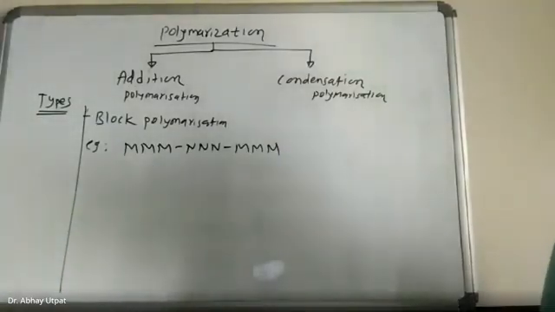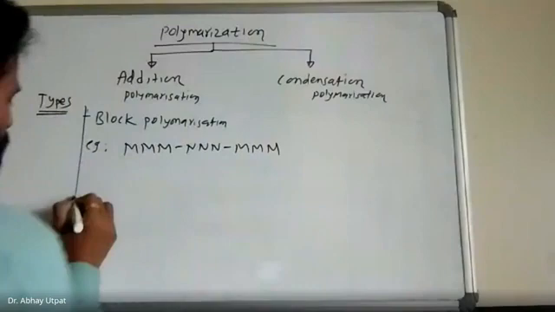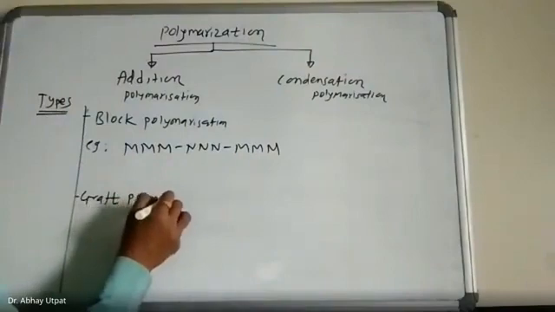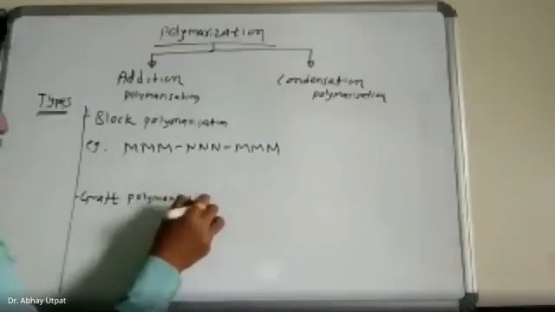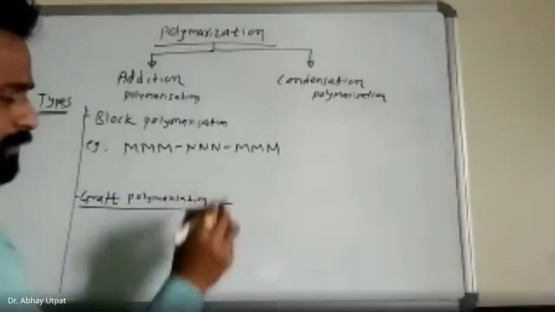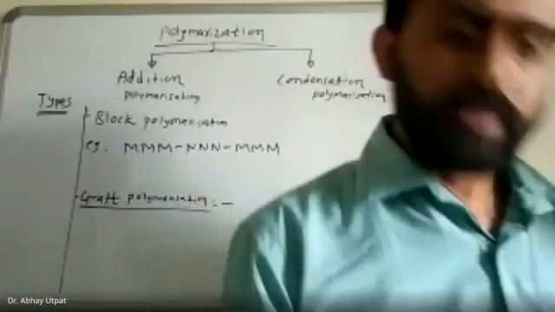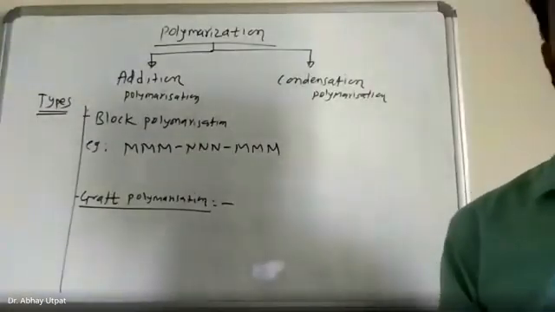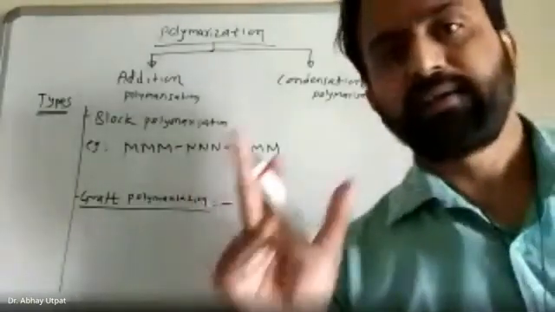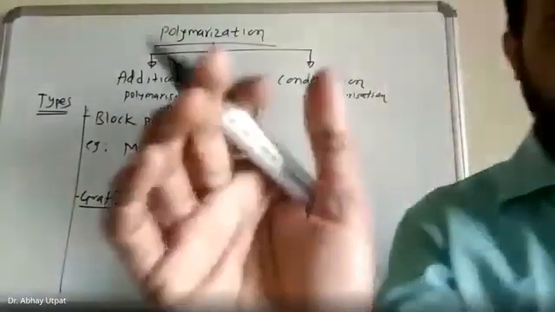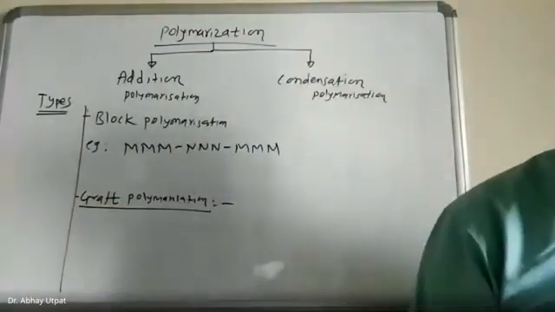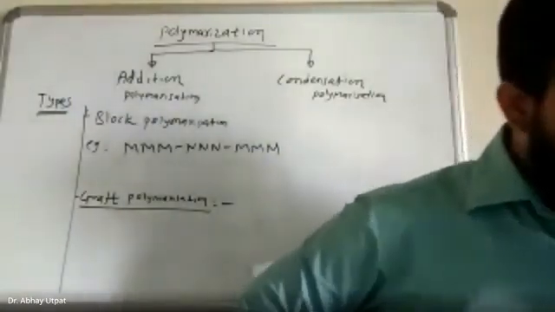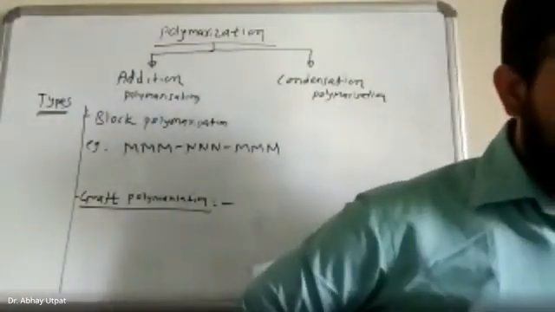Fourth, graft polymerization. Graft polymerization is similar to block polymerization. Here, the group of another monomer is represented by one another unit. I will dictate, then you will understand. These have a structure which is a little different from block polymerization.